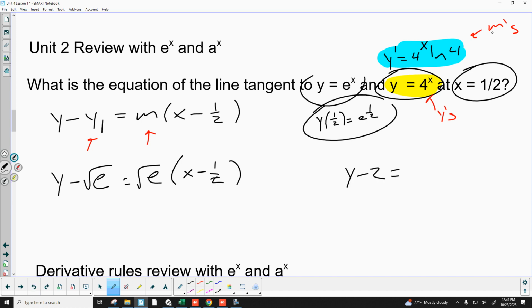If I plug in a half into 4 to the x log 4, I get 2 log 4. And we're kind of done with the tricky stuff where m's and y's are the same. For all the other ones we're going to do today, the m's and the y's aren't going to be the same. So we got to take the derivative. We got to plug in x. We'll get an m. Boom. It'll be different. It's kind of back to normal.